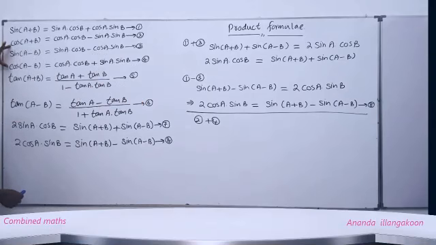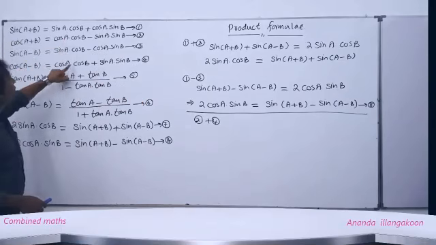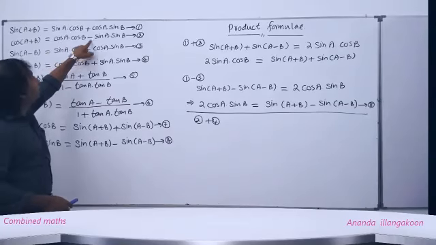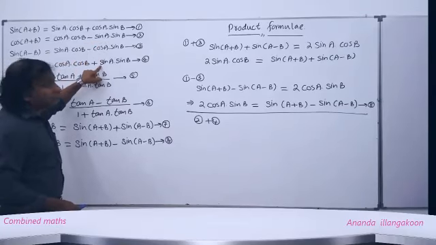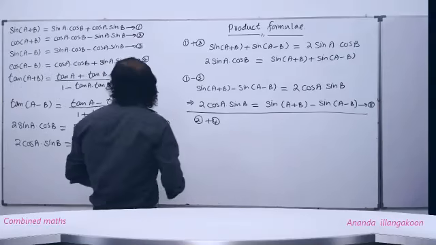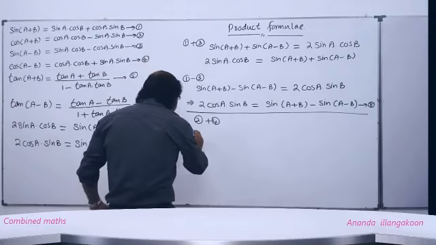Cos A plus B plus cos A minus B on the left hand side. This and this will be added, giving 2 cos A cos B. This minus sin A sin B and this plus sin A sin B, when you add, those will cancel off. Understood?